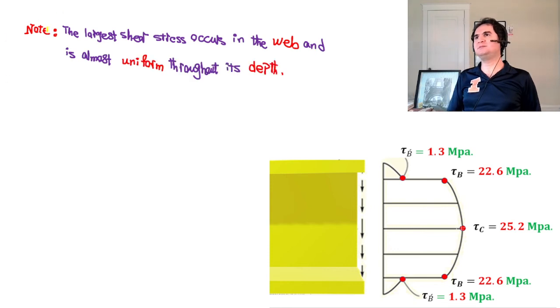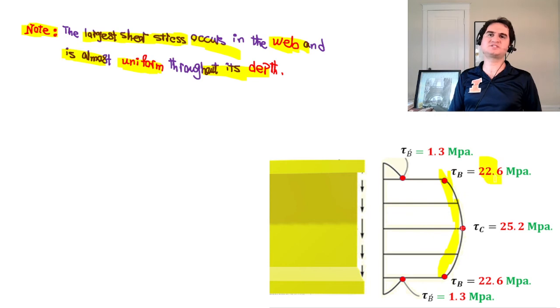One can say the larger shear stress occurs in the web, and it's almost uniform through its depth, because it's still changing, but it just changed from 22.6 to 25.2 in comparison to the numeric values of the flanges.